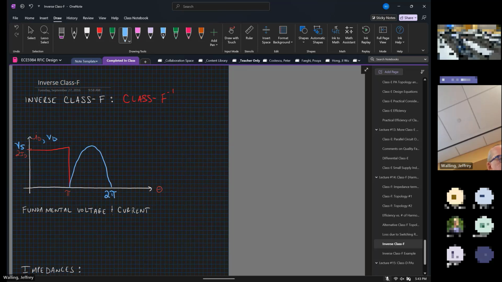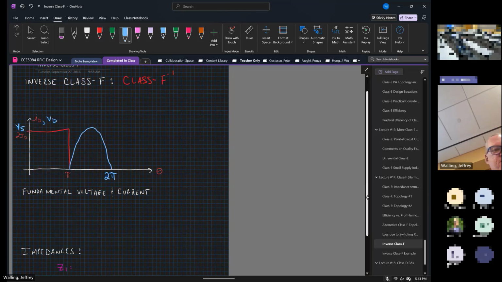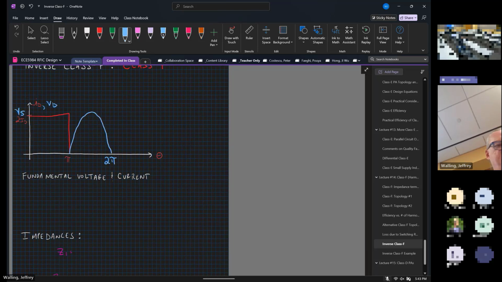And if we do this, the math ends up working out very similarly. We can find our fundamental voltage waveform. It would end up being pi over 2 times VDD. Our fundamental current waveform is going to be 4 over pi times VDD. P out is equal to V1 times I1.